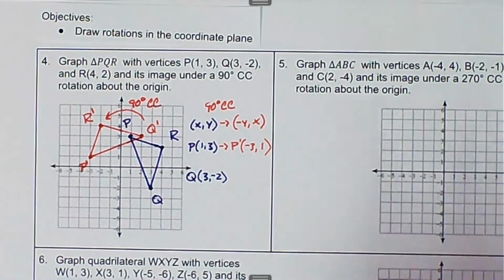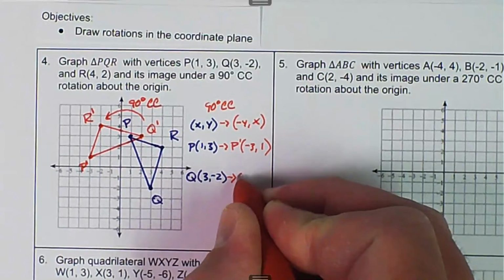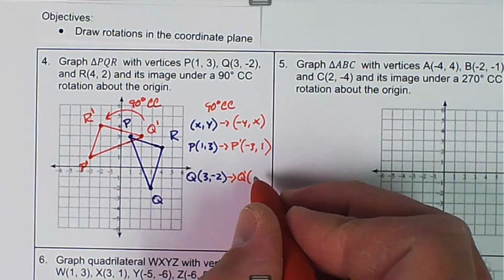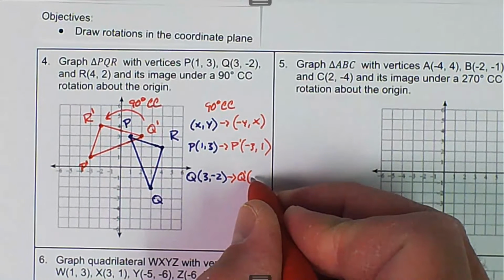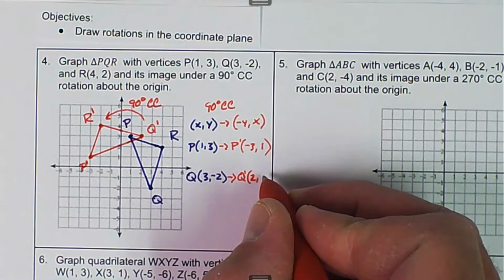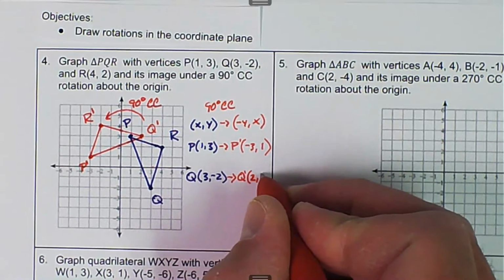And if we use the coordinate rule, we get Q prime. Our new x value is just negative our old y value, so negative our old y value becomes +2. And our new y value is just our old x value.